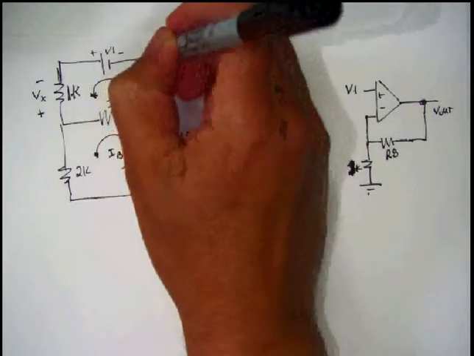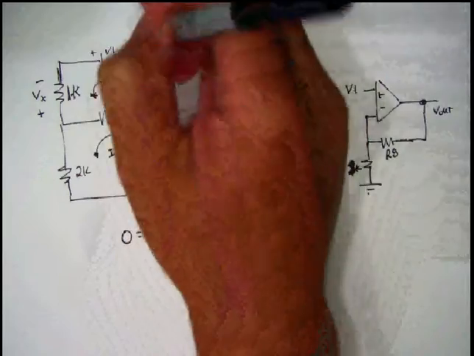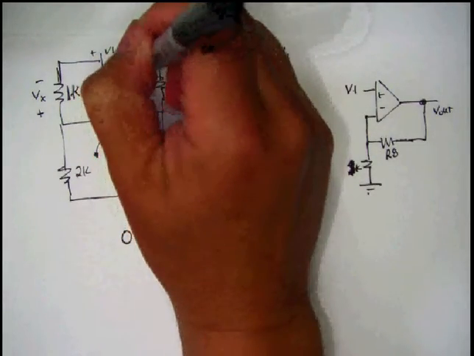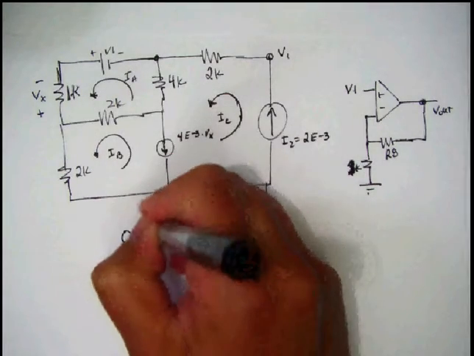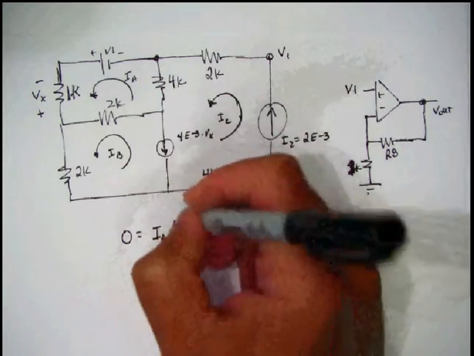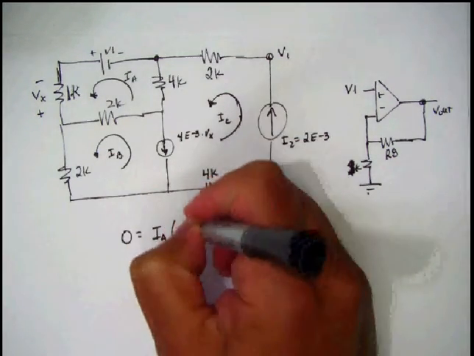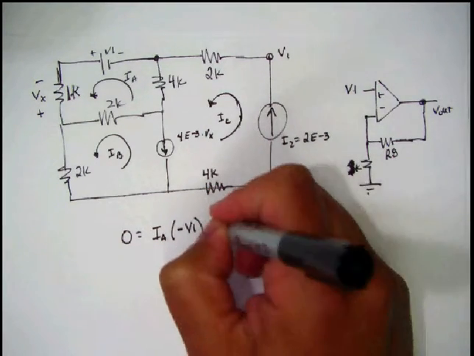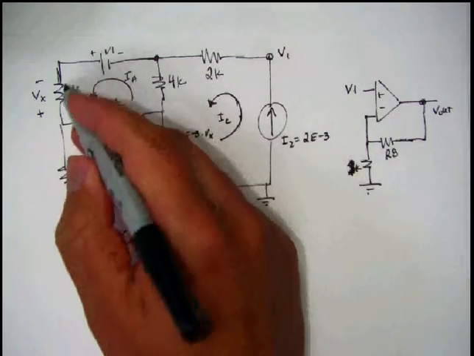So we'll just start at this point right here and assume everything's going to sum to 0. The current's traveling counterclockwise, so it goes through Vi, so it's going to be IA times the drop in voltage. This is a negative voltage, so V1 plus, again, a drop in voltage.